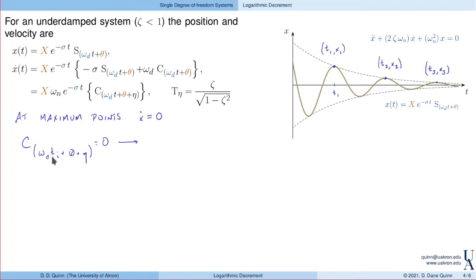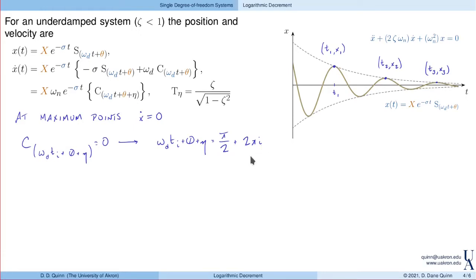As a result, we can actually solve for these times in terms of the damped natural frequency and these other two phases. Right, so here, omega d times t_i plus theta plus eta has to be pi over 2, or some multiple of 2 pi thereof.